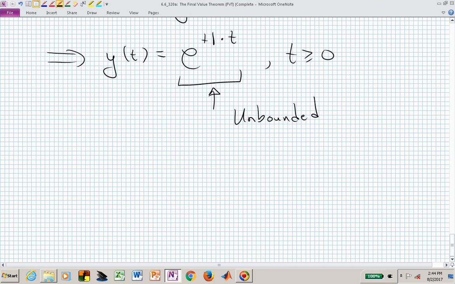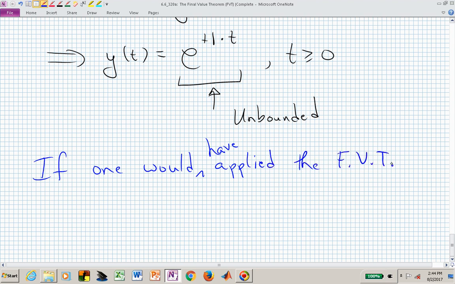So let's just assume that we blindly apply the final value theorem. If one would have applied the final value theorem, then we would have been thinking that here is our conclusion.